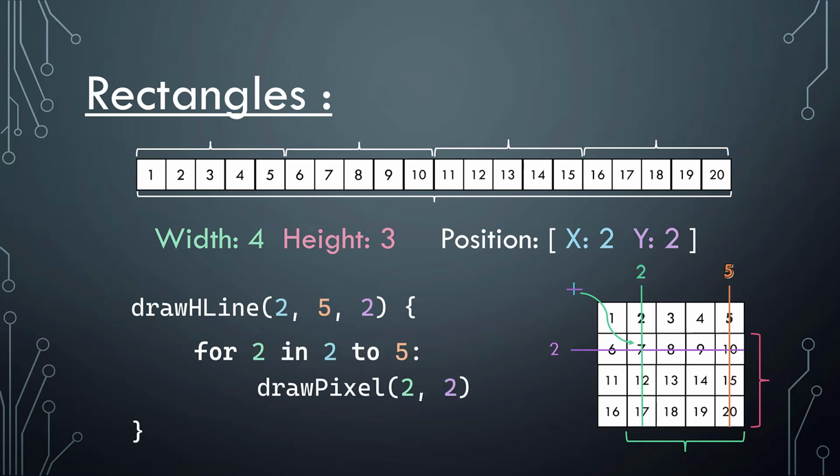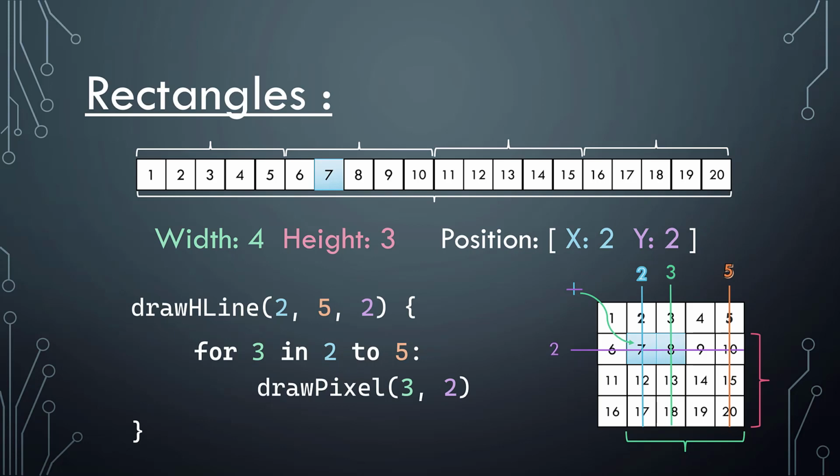We're starting in column number 2, so that ends up calling draw pixel with column 2 and row 2, which intersects on pixel number 7. So we fill that in, and that fills in pixel number 7 in our frame buffer. And we move on to column number 3, and so we're now drawing a pixel at column 3, same row, so row 2.